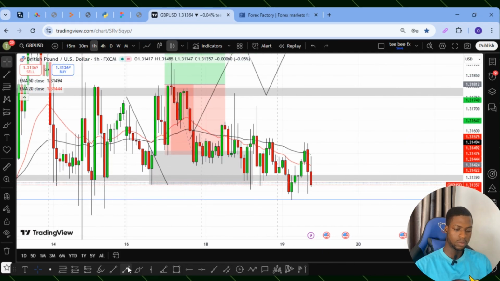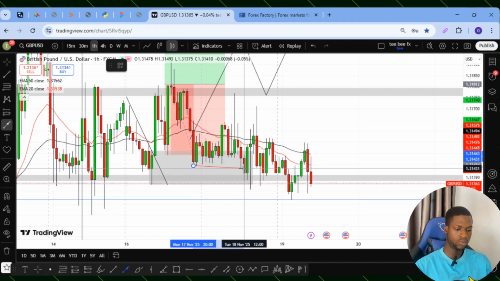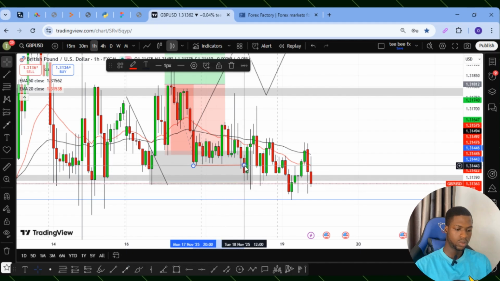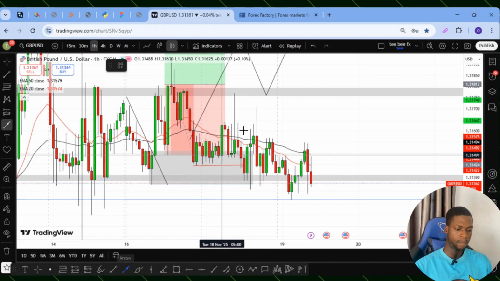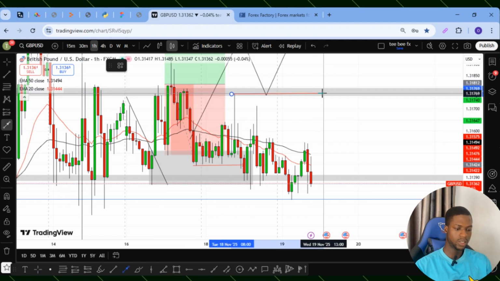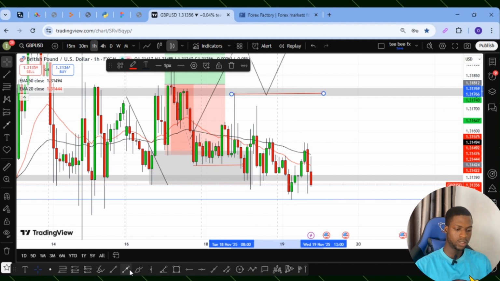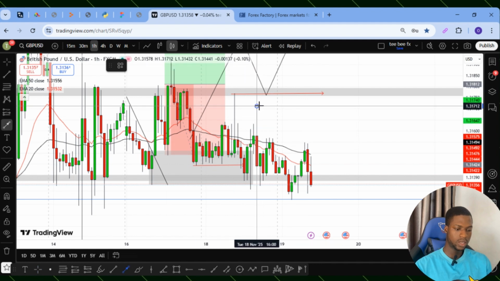So market keeps breaking previous low. You can see here market broke the previous low, but the previous high was protected. Price is not getting to the previous high. If you look at the second high too, price didn't get here yesterday after we went down.